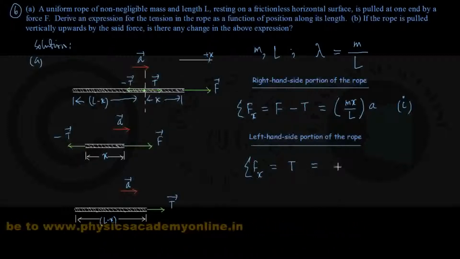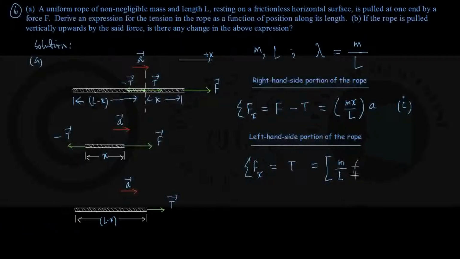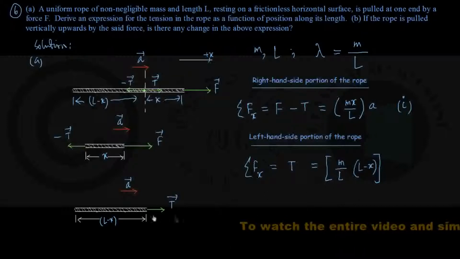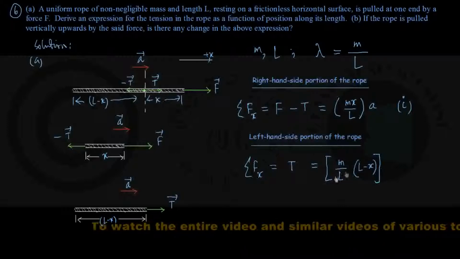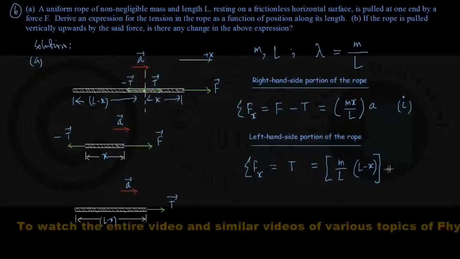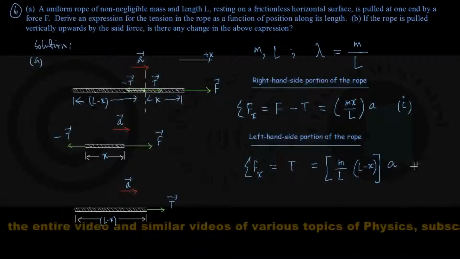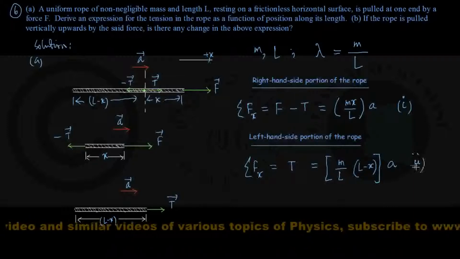This is T, the force is the mass for the portion, as you'll agree with me that m by L was the mass per unit length, and the length of the portion is L minus x. The thing in square bracket here is the mass of the portion that is shown here. You can easily say this, the mass inside the square bracket. Acceleration is the same as before, that is A, and that's equation number 2.